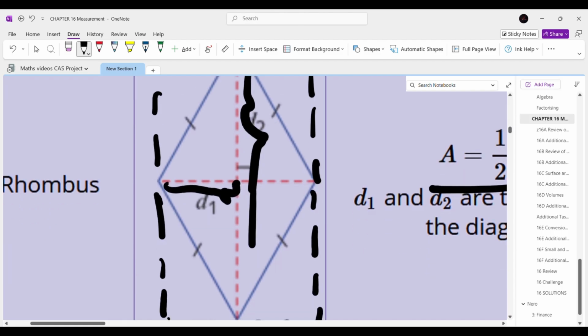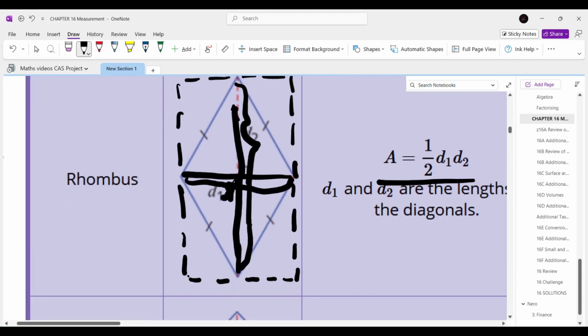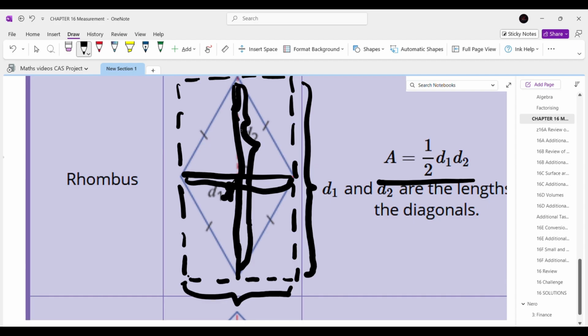Sorry, it's meant to be the whole thing. So that's d1, this is d1, and this is d2. As you can see here, d1 is the width here, and d2 is the height.